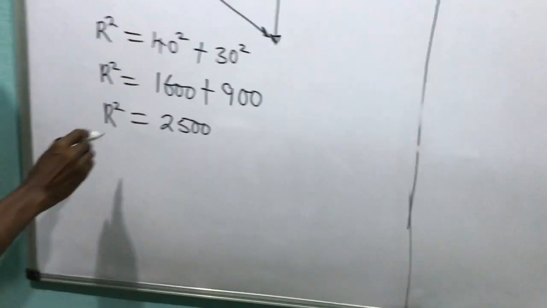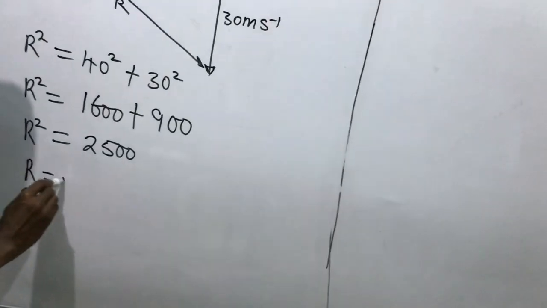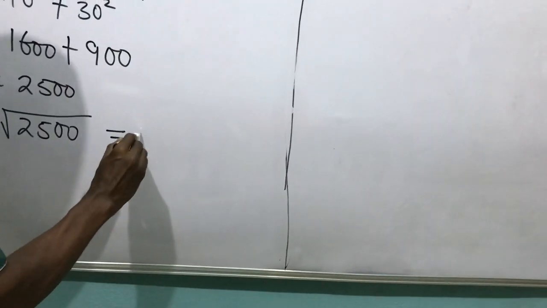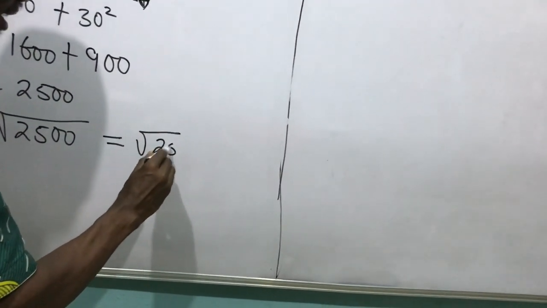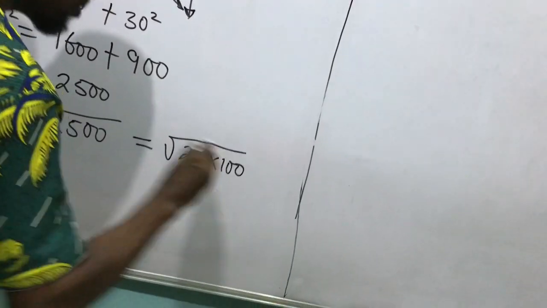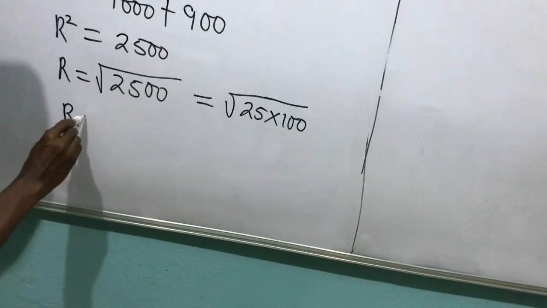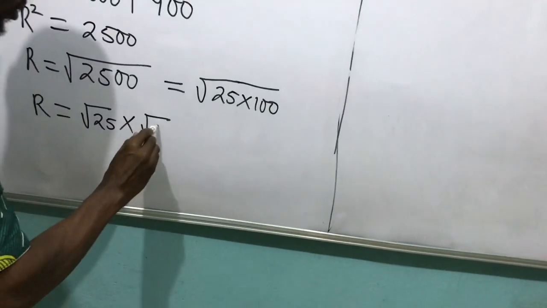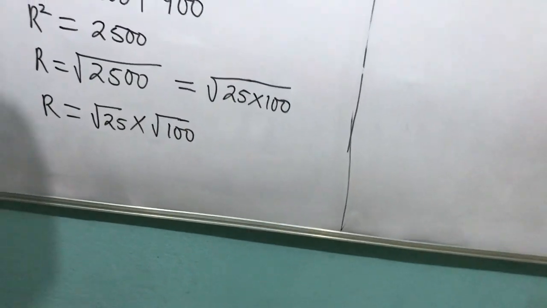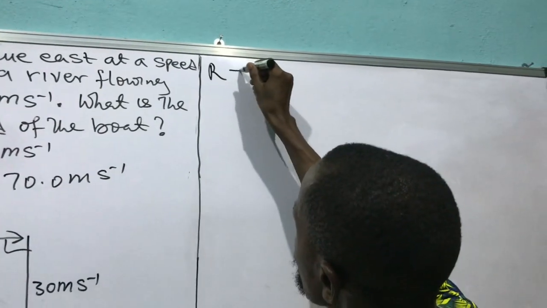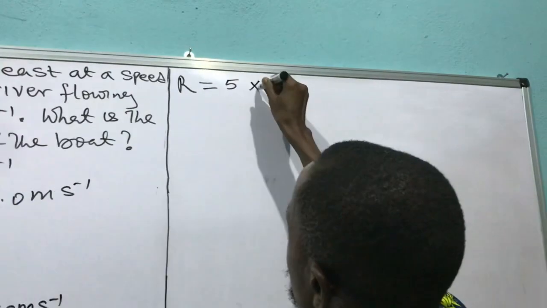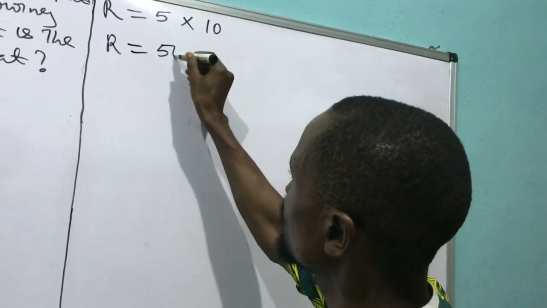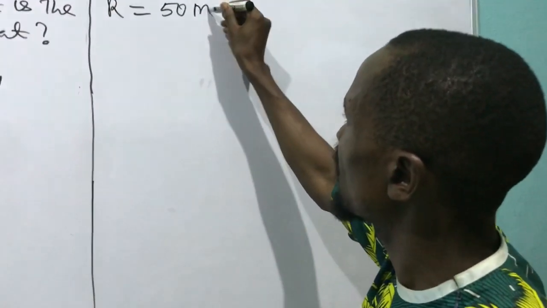And R is the square root of 2,500, and that is the square root of 25 times 100. This gives me R equals root of 25 times root of 100. The root of 25 gives me 5, times the root of 100 gives me 10, and R is equal to 50 meters per second.